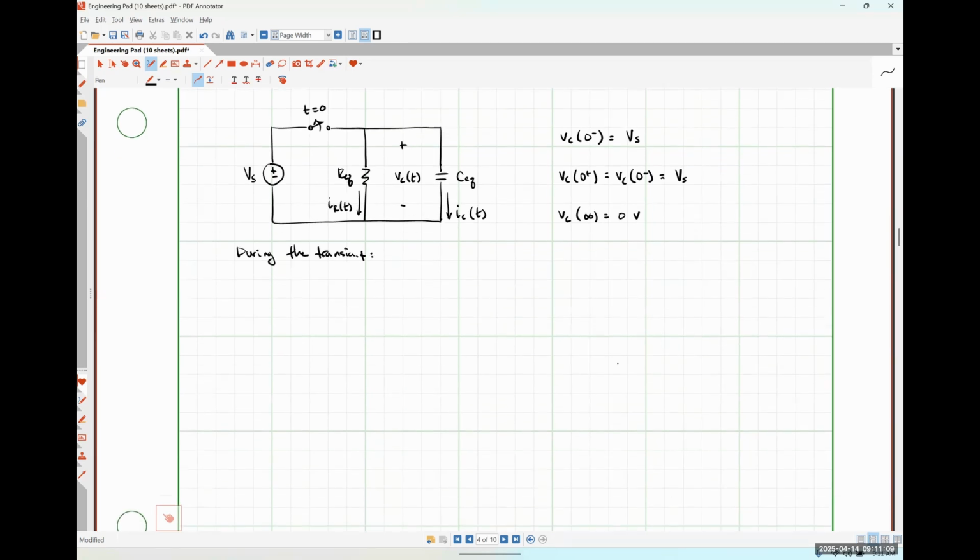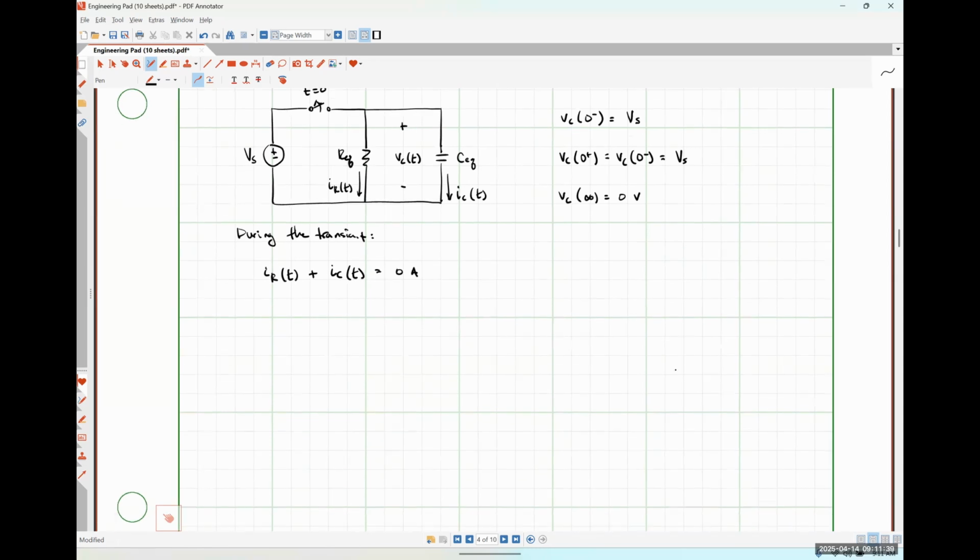So during our transient condition, we could say that the current IR of t plus IC of t must be equal to 0 amps. That's just applying KCL at that topmost node. The current flowing down through the resistor, plus the current flowing down through the capacitor, plus 0 current flowing to the left through that voltage source because it's switched open, is equal to 0.